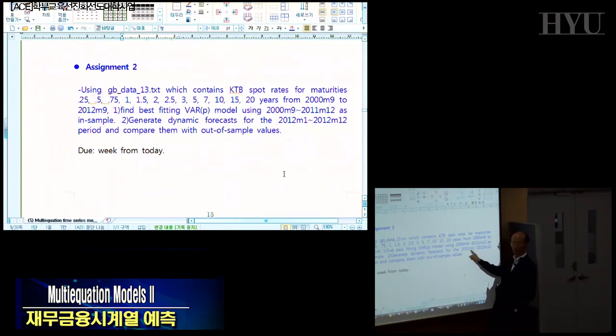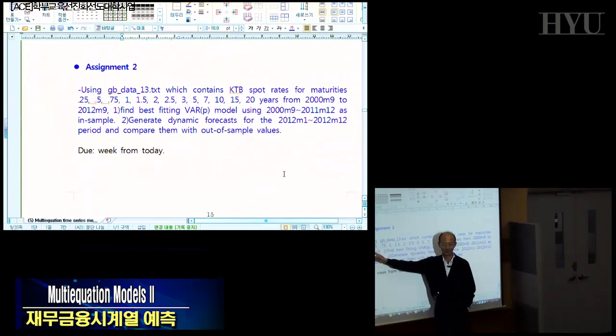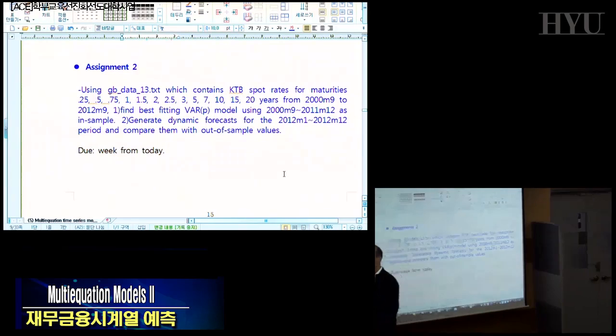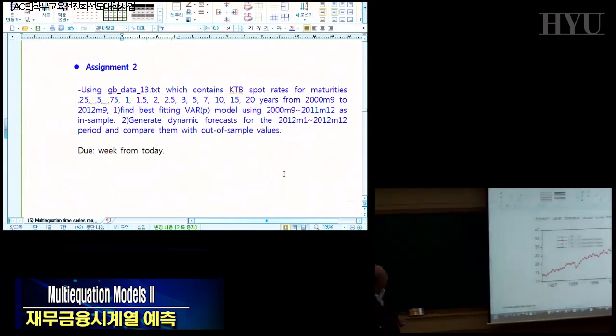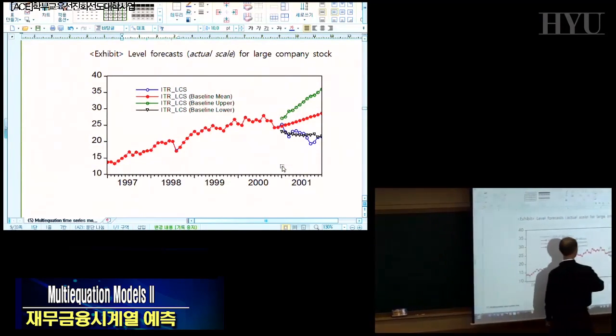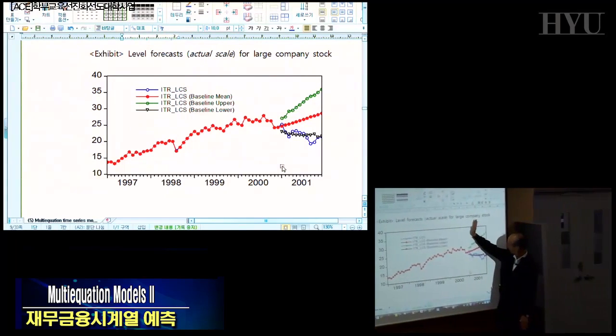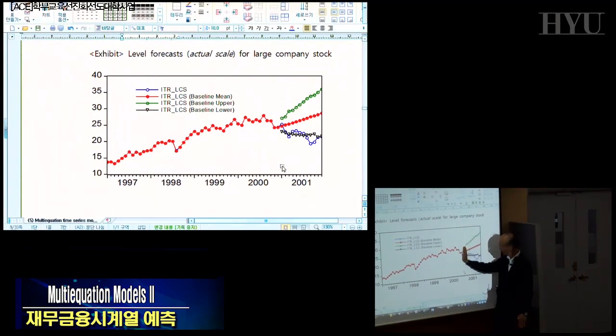This is our out of sample period, and compare historical values and your forecast. So the result will look more like this one. You're estimating this VAR model using data up to here, leaving these as historical out of sample, and then generate a forecast and the band, and then plot this along with that.